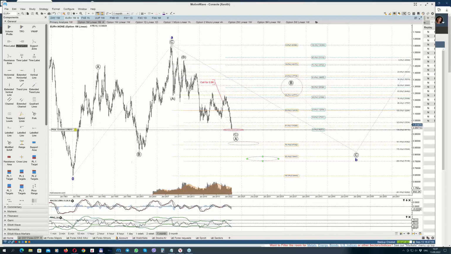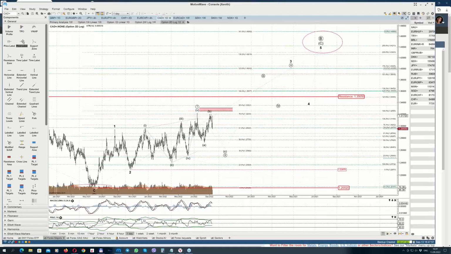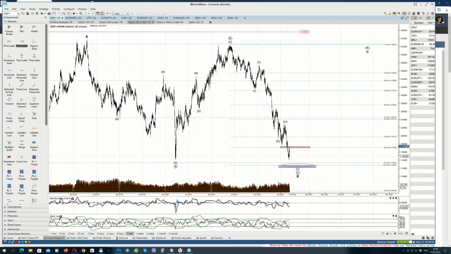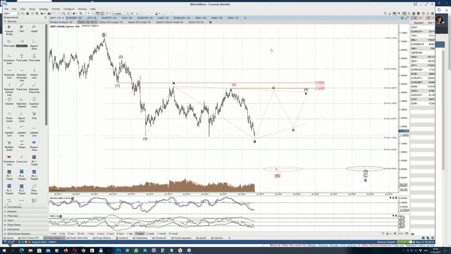So we're heading towards the major forex pairs. The first one is the British pound. On the weekly chart, we have invalidated the previous version of this large degree triangle. And right now I have two main scenarios. One of them is pointing directly down.